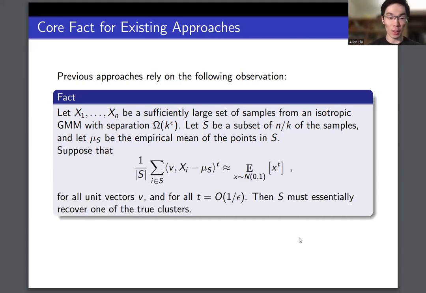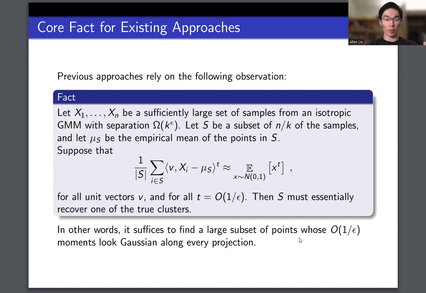The key fact is as follows: if the empirical moments of this subset of samples match the moments of a standard Gaussian in all directions, then this subset of samples must essentially recover one of the true clusters. The intuition is that if you had part of one cluster and part of another cluster, then the separation of k to the epsilon would cause some distortion in the degree 1 over epsilon moments, and it would be impossible to match the moments of a standard Gaussian. So this is the core fact for previous approaches.